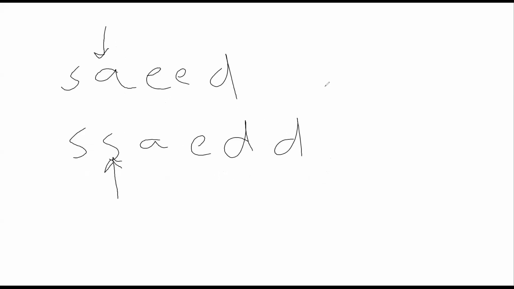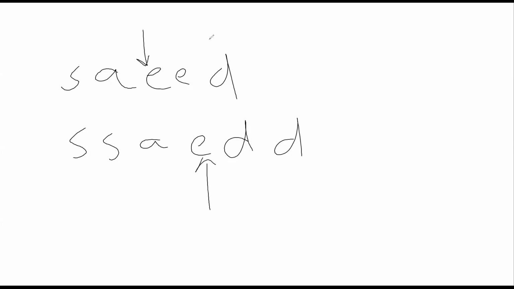So in this case, S is the same as S, so I advance the pointer on the second string. Now I do a similar check. Both pointers are the same right now, so I advance both pointers. So you will advance this pointer as well as this pointer one step forward, right? Yes. Okay. What next?